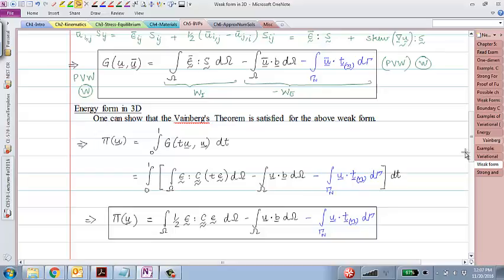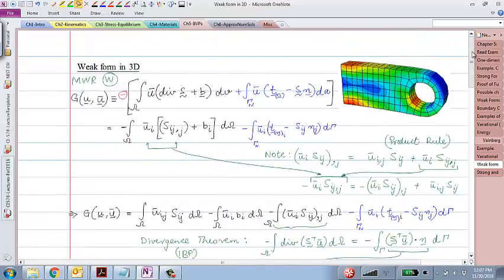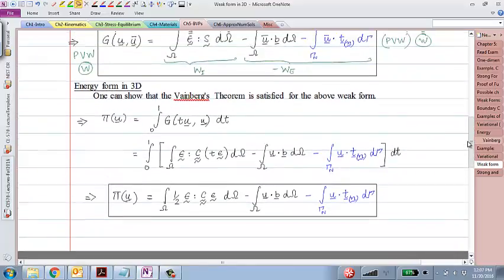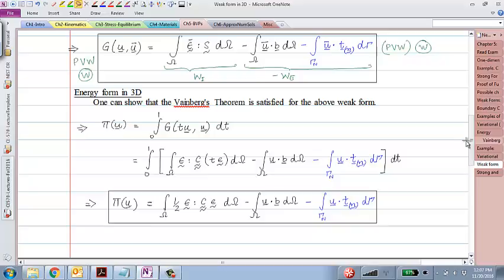And finally, since we have gone from the strong form to the weak form, we can extend that to the energy form just by using Weinberg's theorem. You can show that actually it is satisfied, and if we find the energy functional from this virtual work functional using that expression of the Weinberg's theorem, there is a plus c that I'm not writing here. You can show that all of this gives me the corresponding energy form of a three-dimensional solid.